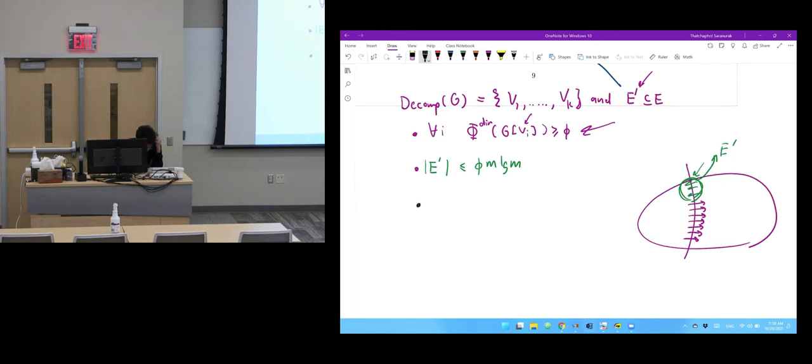Now comes the thing that makes it, so let me define G prime to be obtained from G by removing E prime and contracting each V_i. Then the claim is that this is a DAG.